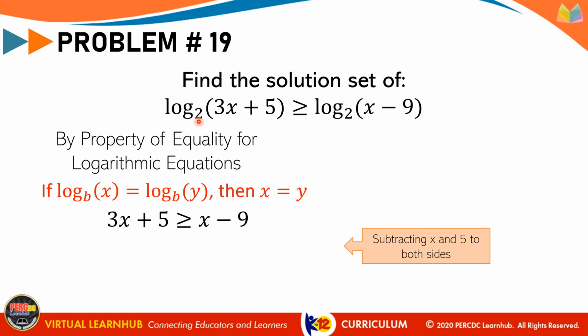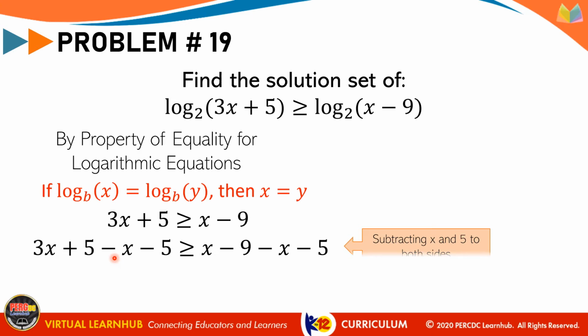Subtracting x and 5 from both sides, we will have 3x plus 5 minus x minus 5 is greater than or equal to x minus 9 minus x minus 5. 3x minus x, that will be 2x, and 5 minus 5 is equal to 0, leaving us 2x, and x minus x is equal to 0, and we have negative 9 minus 5 is equal to negative 14, leaving us with 2x is greater than or equal to negative 14.